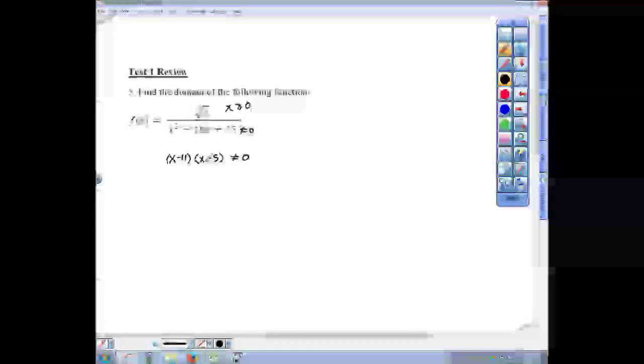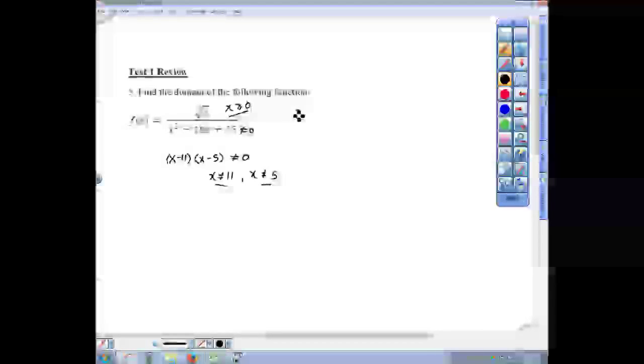So it's x minus 11 multiplied by x minus 5. So x cannot equal positive 11 and x cannot equal positive 5. So there are really three things to consider. X has to be greater than or equal to 0, but it can't equal 11, and it can't equal 5.